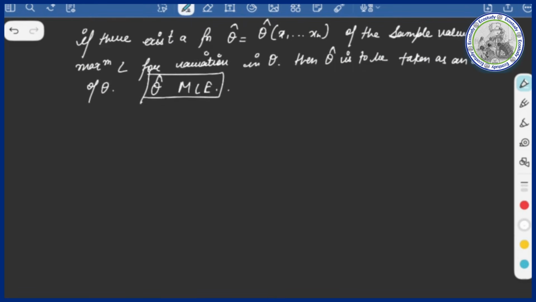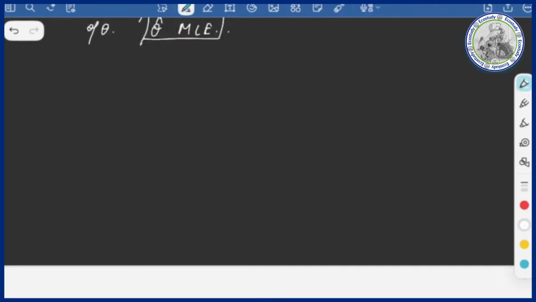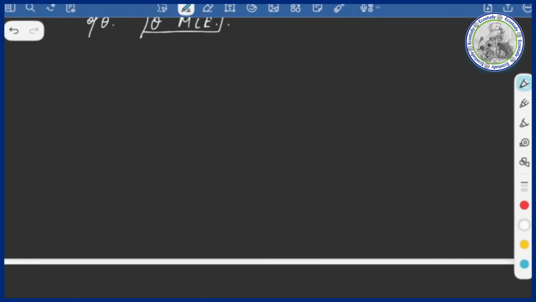Now before that, there are some important properties that are very important for the MLE. So what are the important properties? First is MLEs are always consistent estimators.